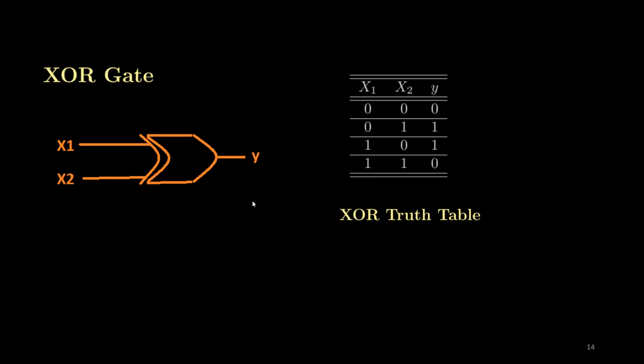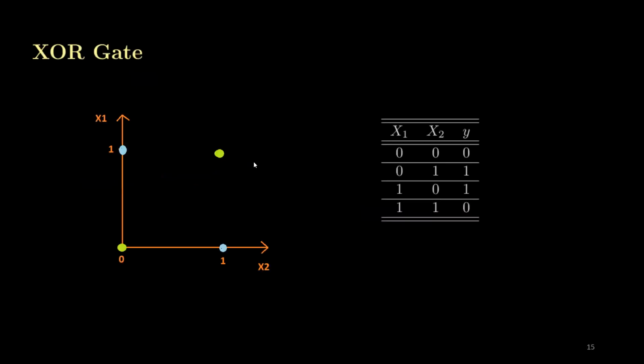Let's plot this truth table of a XOR gate in 2D. So here is the 2D implementation of this dataset or the truth table of the XOR gate. Okay, so when both inputs are 0, that is when x1 is equal to 0 and x2 is equal to 0, we are here. Okay, when x2 is equal to 1 and x1 is equal to 0, we are here.